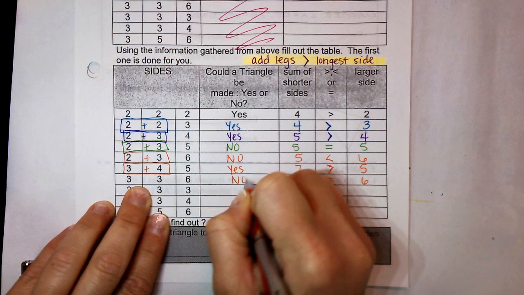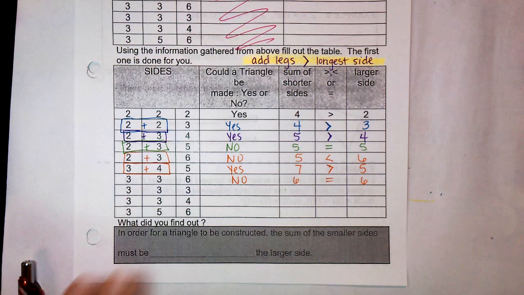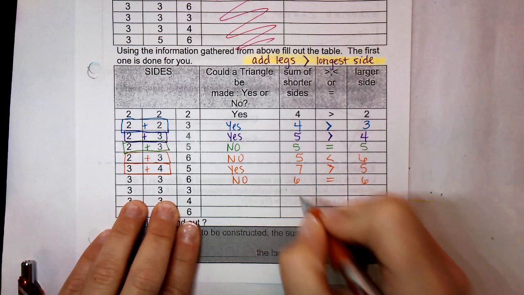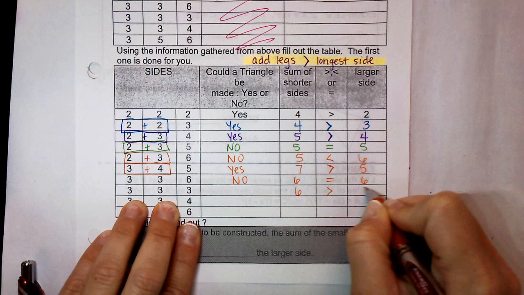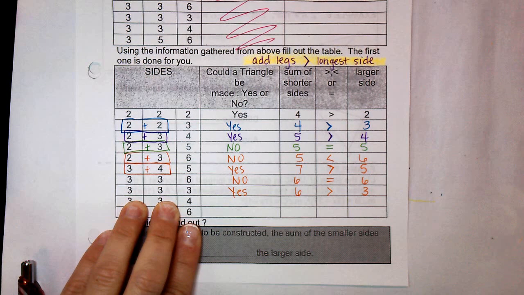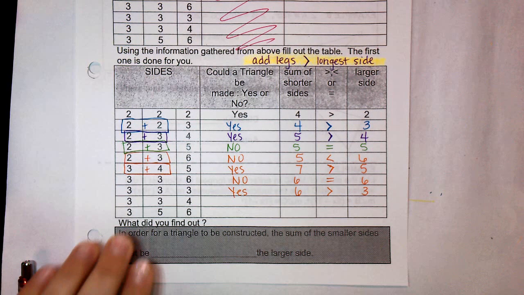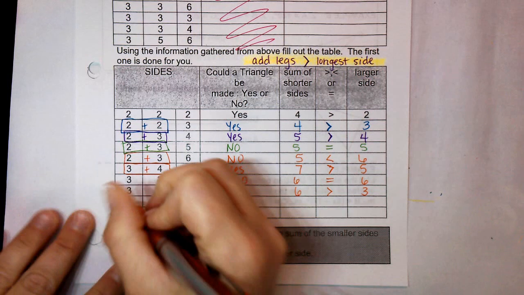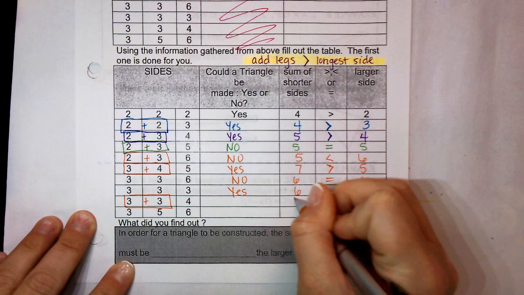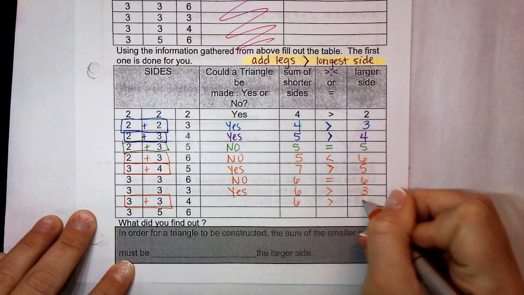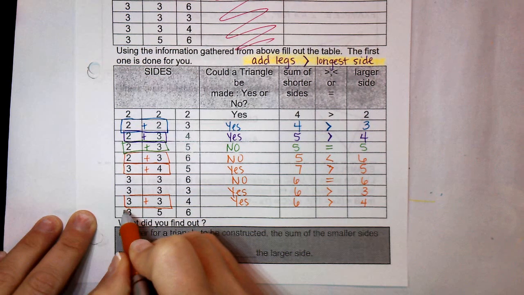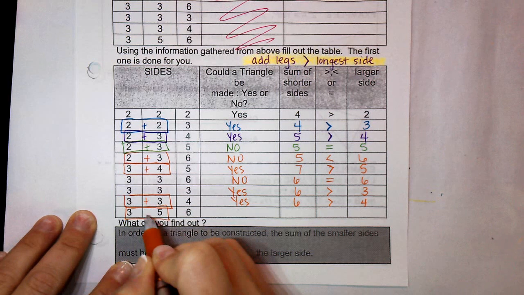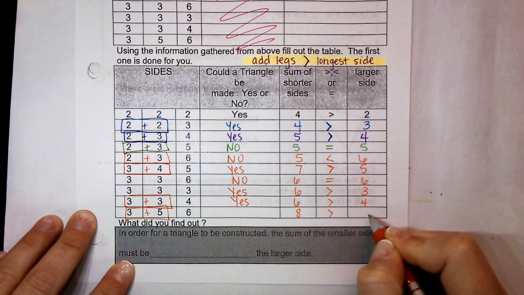So no. Then on my next one, 3 plus 3 is 6. 6 is greater than 3, so yes. Okay, 3 plus 3 is 6. 6 is greater than 4, so yes. And then finally, 3 plus 5, 8. 8 is greater than 6.